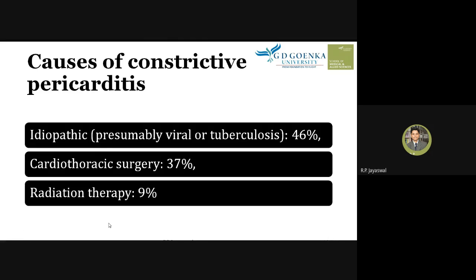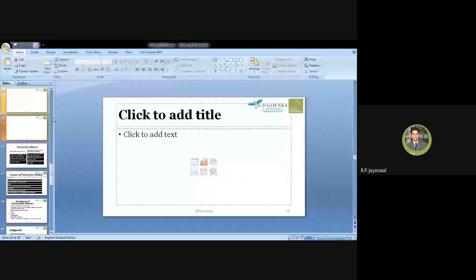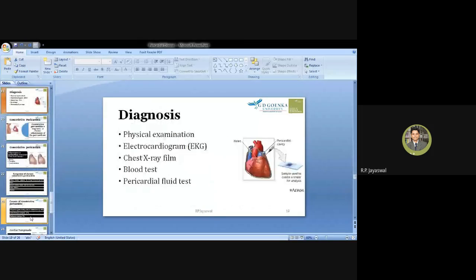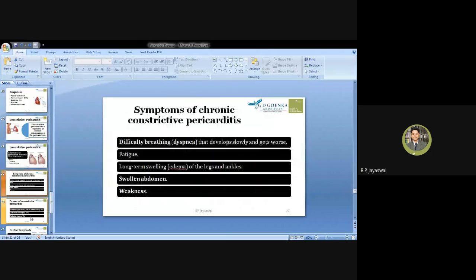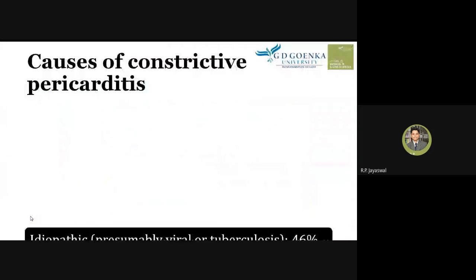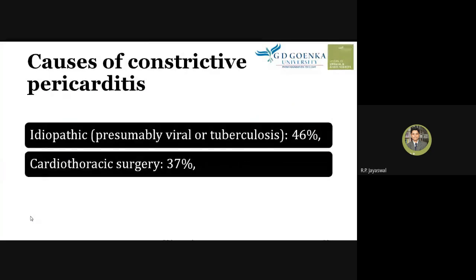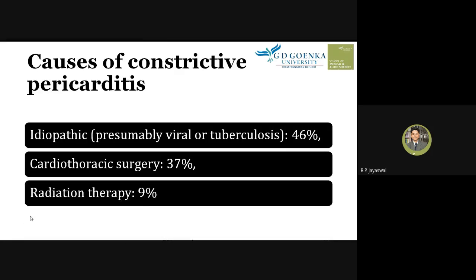So patients undergoing heart surgery in the thorax region, about 37% of them, usually develop constrictive pericarditis, and 9% of cases are because of radiation therapy.